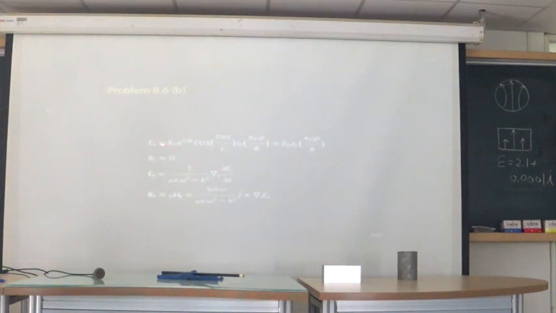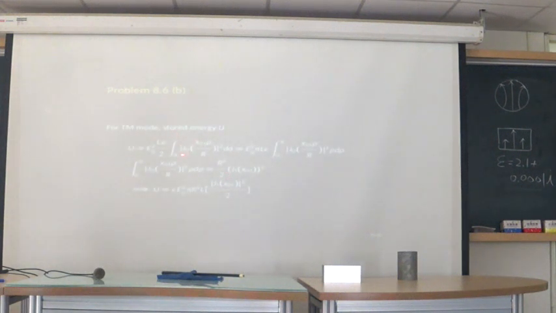So for the TM010 mode, we calculate the E field and the B field for all components. Ez is equal to this. Bz for the TM mode is 0. And the transverse field is equal to this formula.